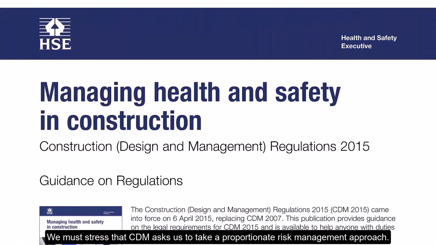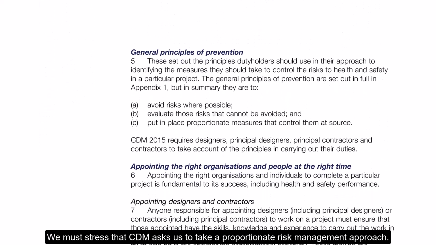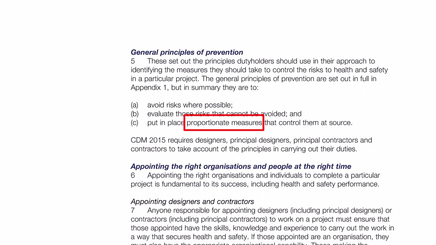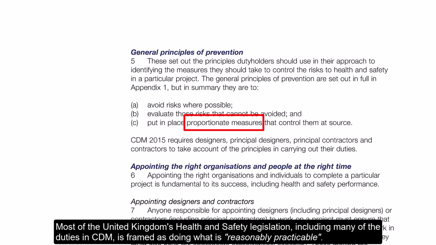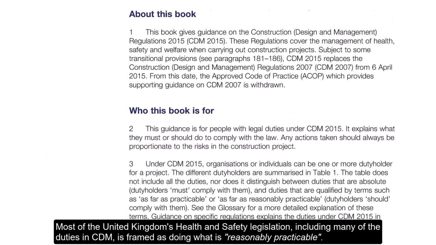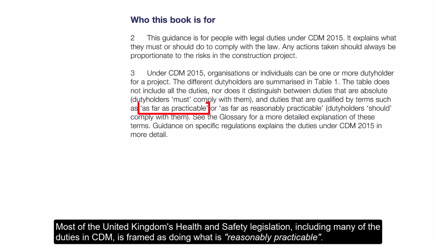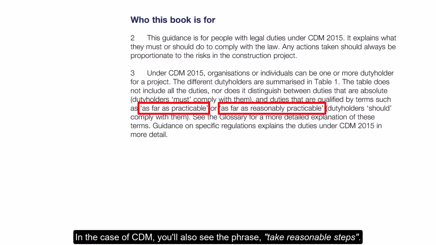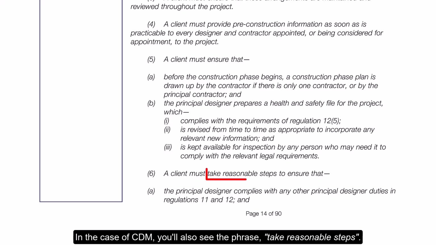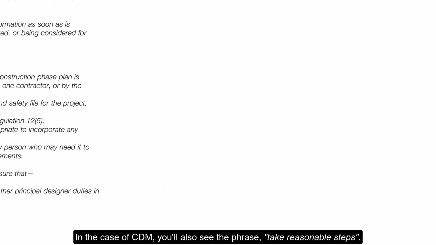We must stress that CDM asks us to take a proportionate risk management approach. Most of the United Kingdom's health and safety legislation, including many of the duties in CDM, is framed as doing what is reasonably practicable. In the case of CDM, you'll also see the phrase, take reasonable steps.